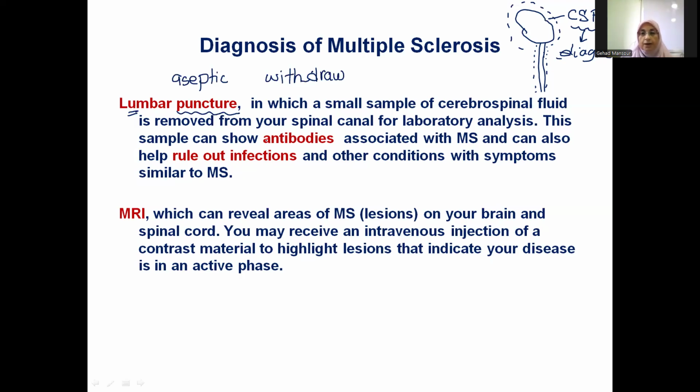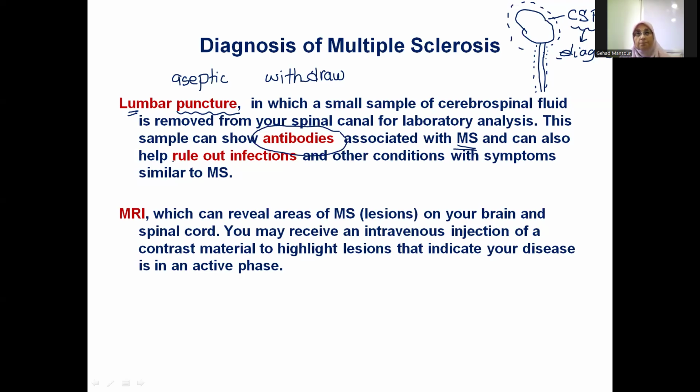like, for example, that we assess the level of antibodies associated with multiple sclerosis, like antibodies against the myelin sheath. Of course, we don't do this as a routine, but if you are suspicious of MS, then you are supposed to assess the antibodies related to MS in the cerebrospinal fluid.